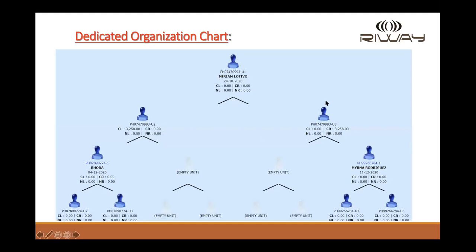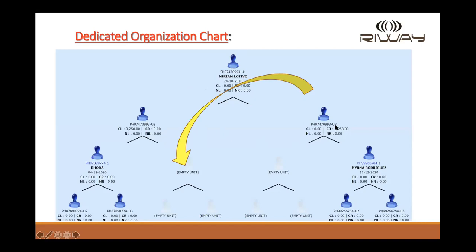All right. So now this is how the organization chart of Miriam will look like. Now let's take for example, Miriam would like to buy one more diamond entry. So where do I put it? Now if you take a look, we have Miriam PH 07470993-U1. That is unit 1. Because in one diamond entry, you have unit 1, unit 2, unit 3.